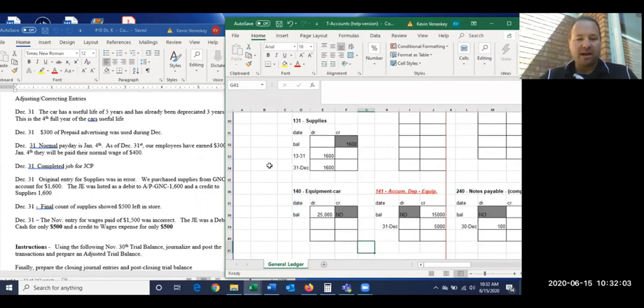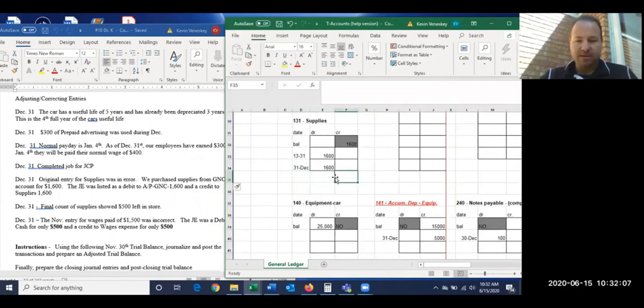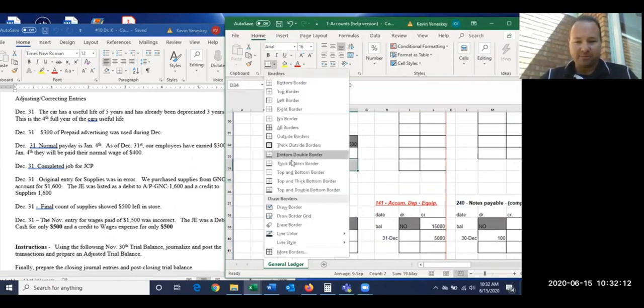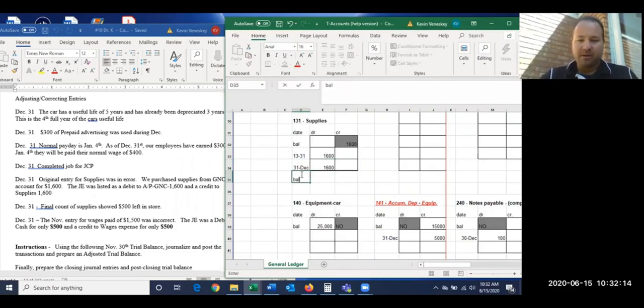Okay, so right now, I'm going to add in a couple more lines so we can put this in. Right now, if I was to balance out my T account, my balance is simply $1,600. These guys canceled each other out. That was zeroed, and now I just have $1,600.